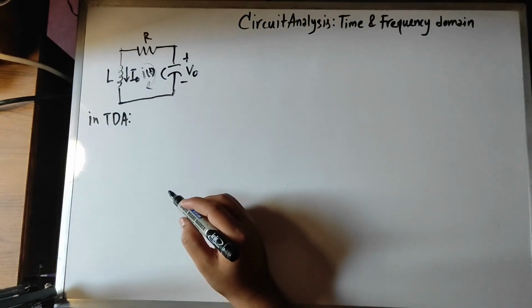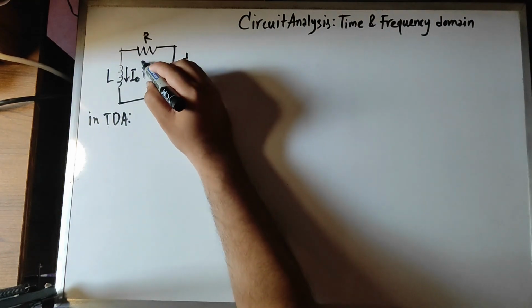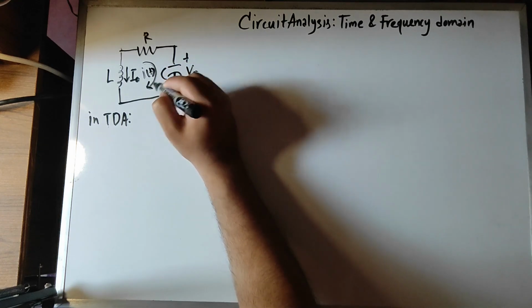So let me apply KVL for the loop current i(t).